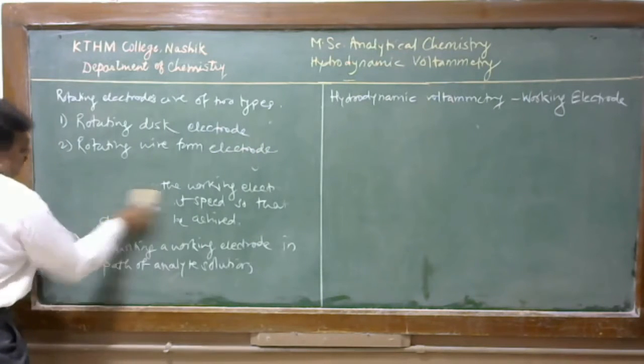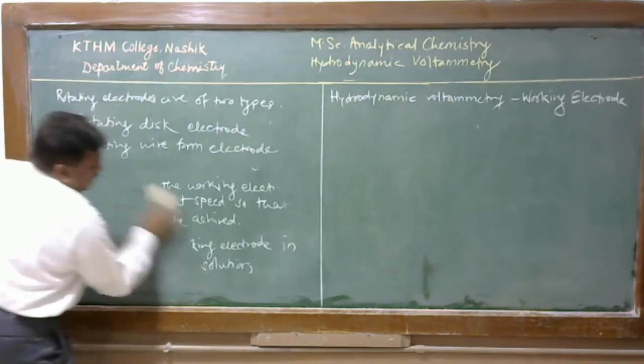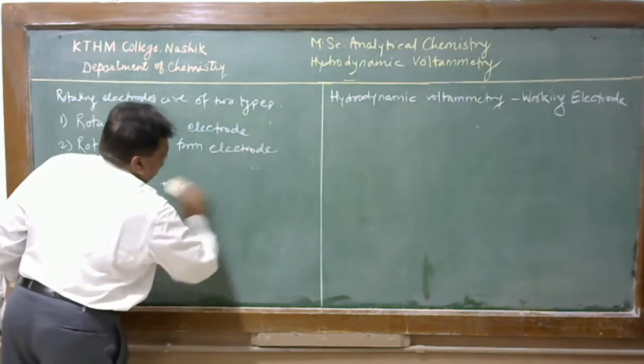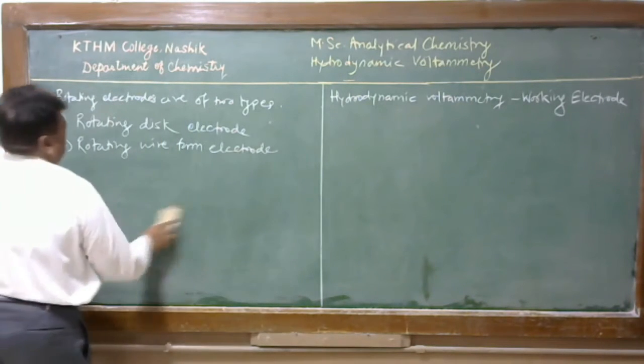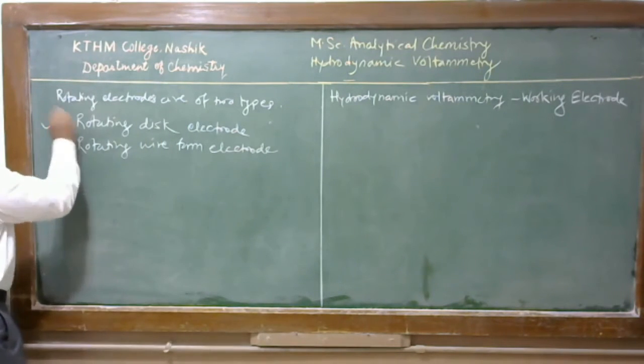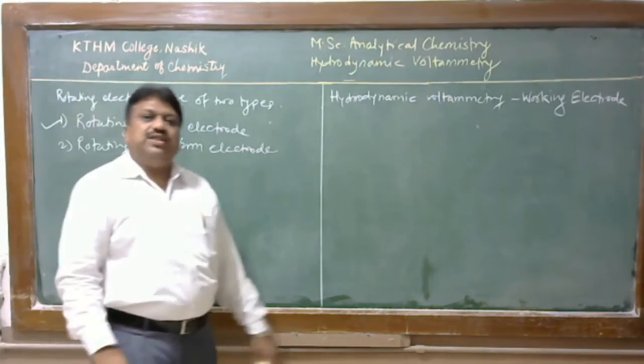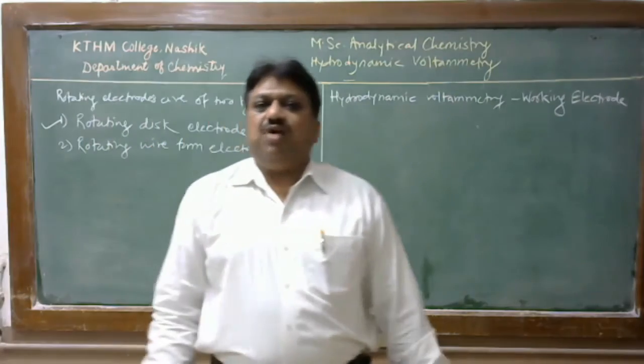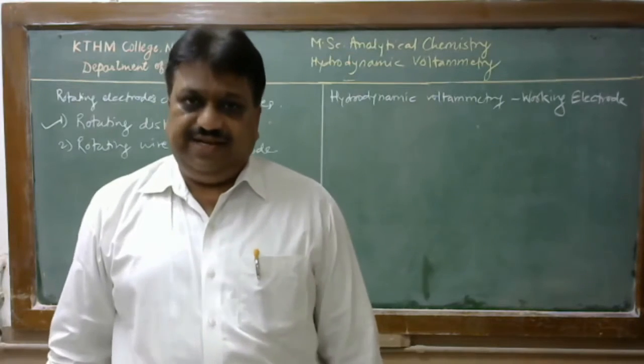Therefore, the disc electrode or the wire form electrode is used in voltammetric work. Generally the disc electrode is preferred over the wire form electrode because the wire form electrode has some disadvantages.